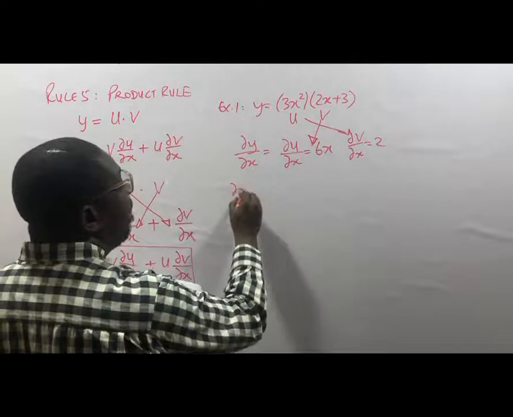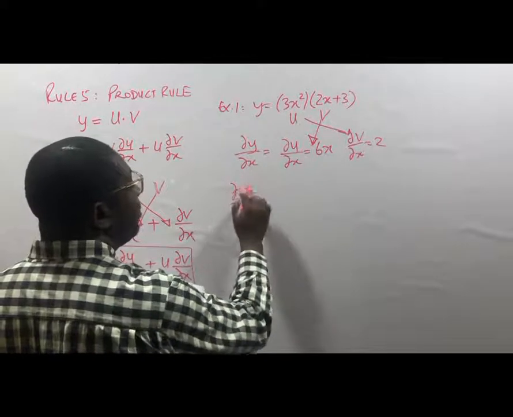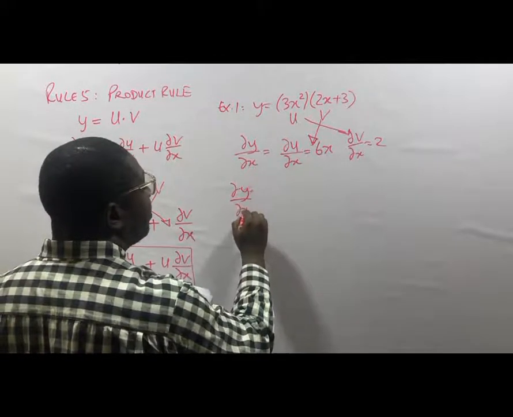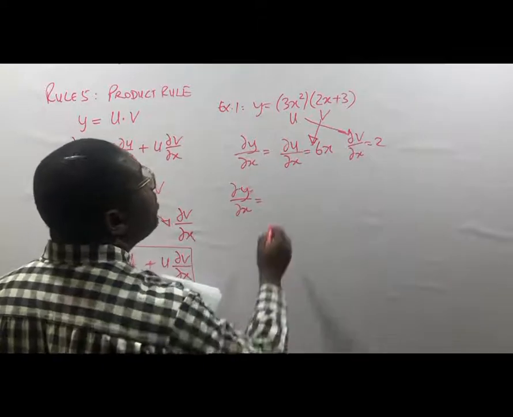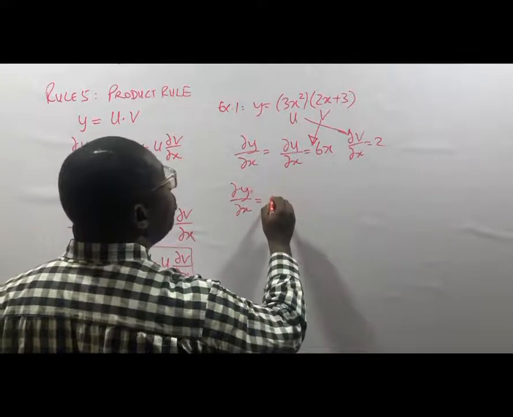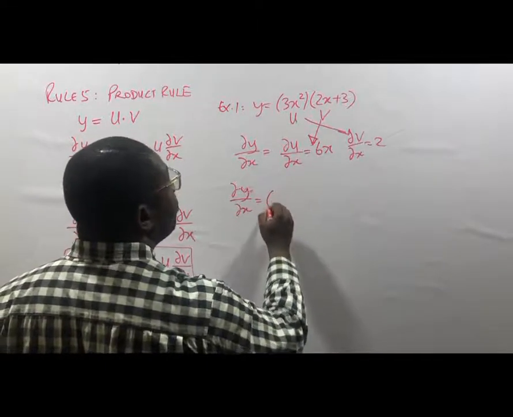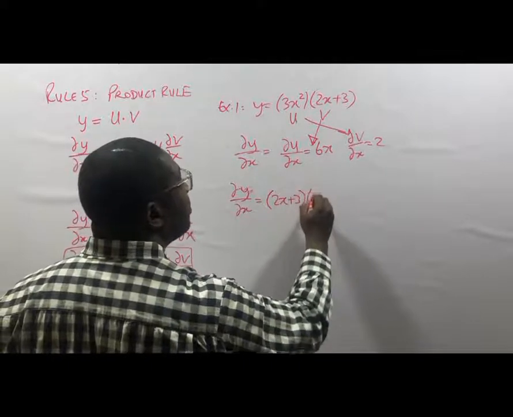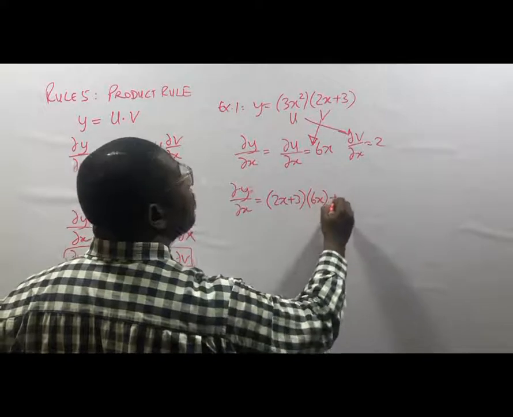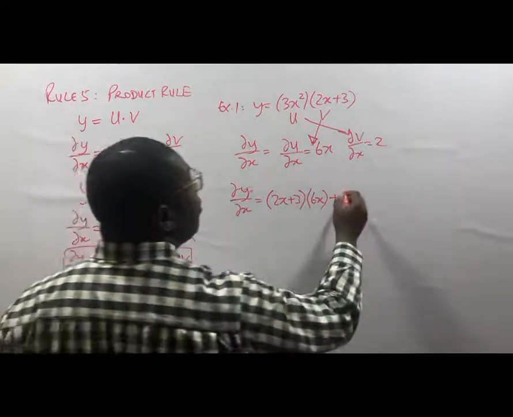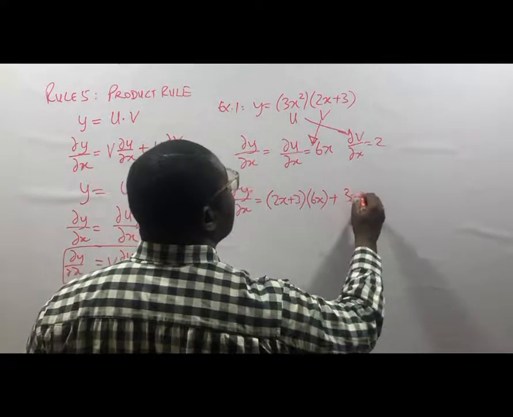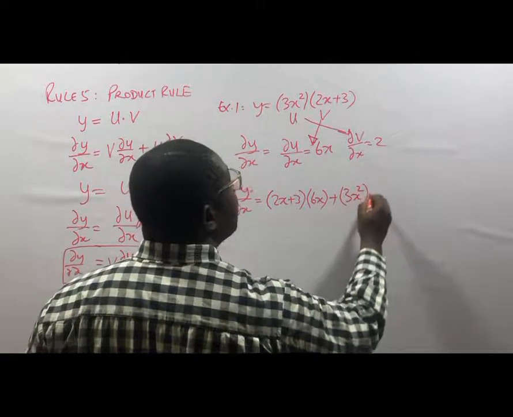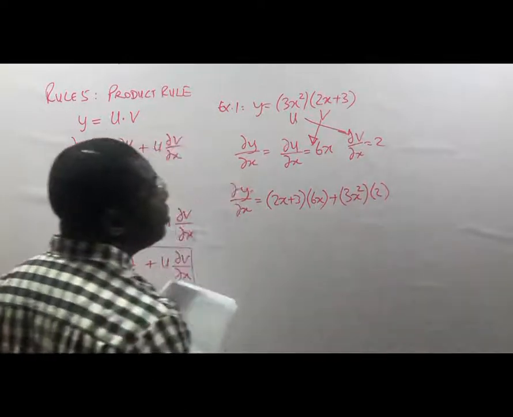So what we are going to have, dy dx will be 2x plus 3 times 6x plus 3x raised to the power 2 times 2. This is going to be our answer.